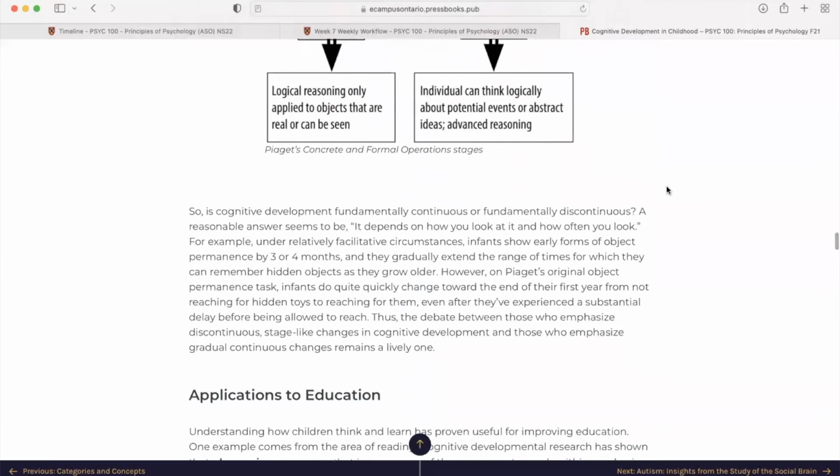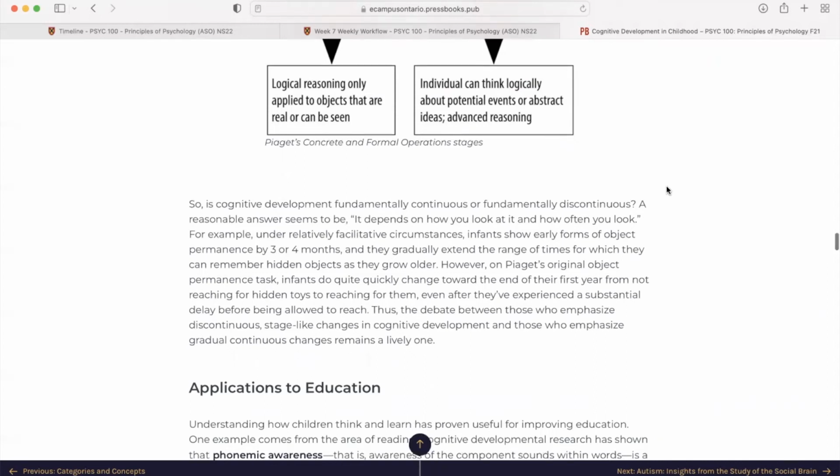So, is cognitive development fundamentally continuous or fundamentally discontinuous? A reasonable answer seems to be it depends on how you look at it and how often you look. For example, under relatively facilitated circumstances, infants show early forms of object permanence by 3 or 4 months, and they gradually extend the range of time for which they can remember hidden objects as they grow older.